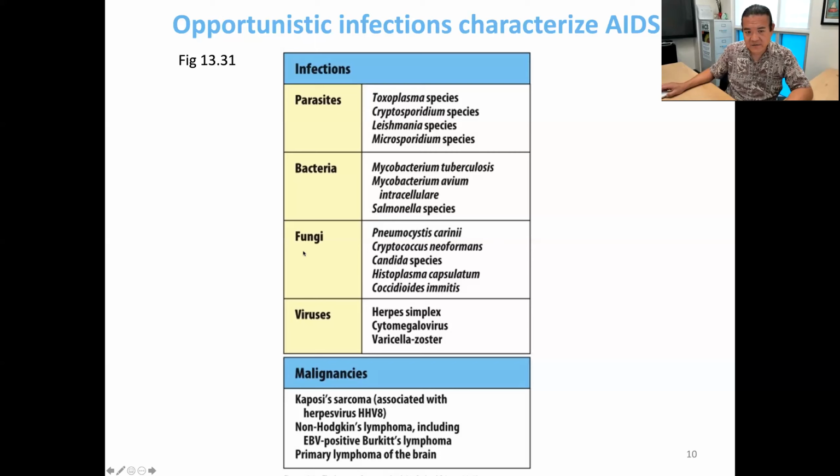Different types of fungal infections, for example, yeast infections like Candida, or other types of normal fungi, like even athlete's foot, can actually pose a tremendous threat to an AIDS patient. And viruses.